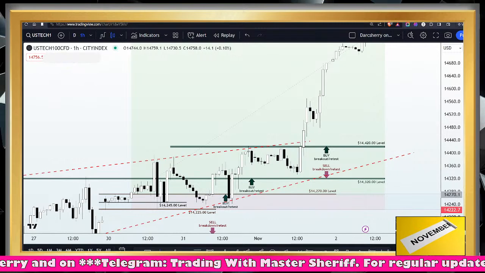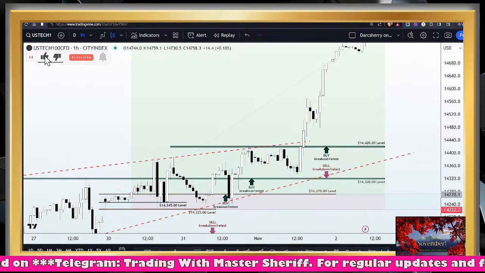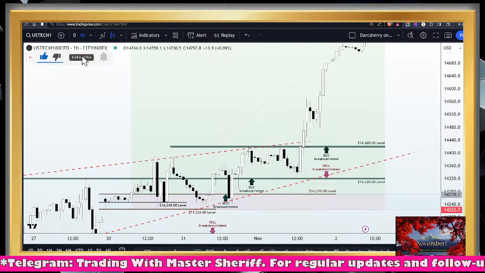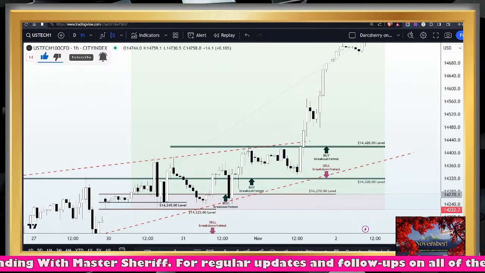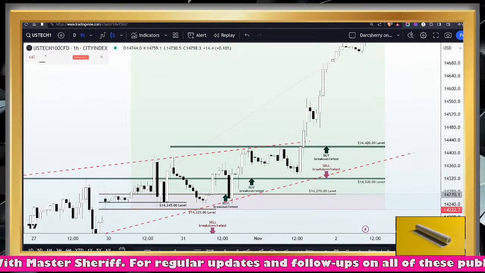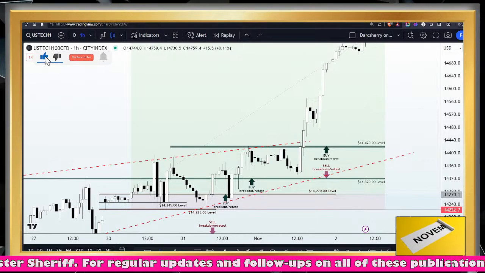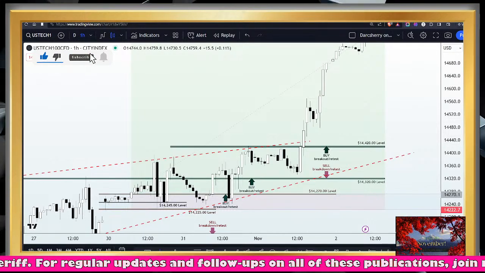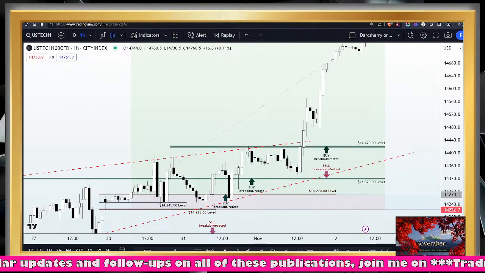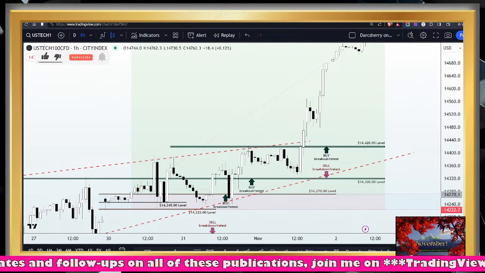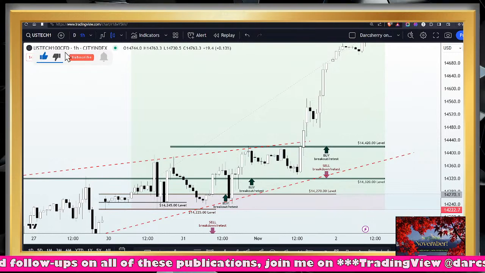However, I'm still here to provide you with insight and analysis into the assets on our watch list for this week. I'm hoping that these issues will be resolved soon. By tomorrow, I think everything will be sorted out, as I have contacted the technical team regarding that. So I hope that things will be sorted out tomorrow.